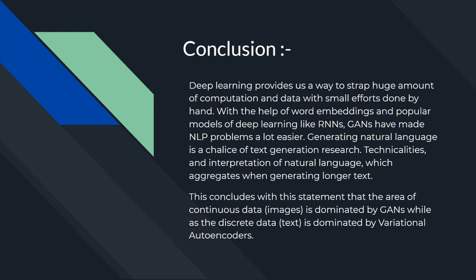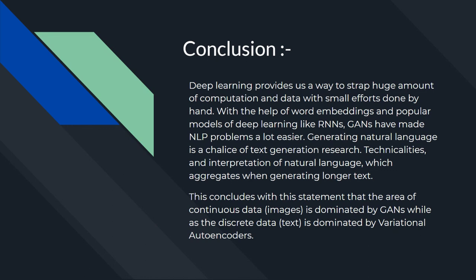This is Chakradhar. Now I will explain the conclusion of this project. Deep learning provides a way to harness huge amounts of computation and data with little effort done by hand. With the help of word embeddings and popular deep learning models like RNNs and generative models, NLP problems have become a lot easier.